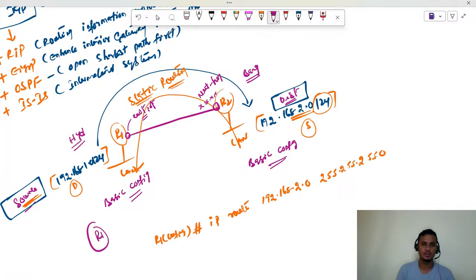If you use the interface, you just need to mention the type and number of the interface. Consider here we have Gig 1/1, so you simply mention GigabitEthernet 1/1. That is fine, it is going to work.